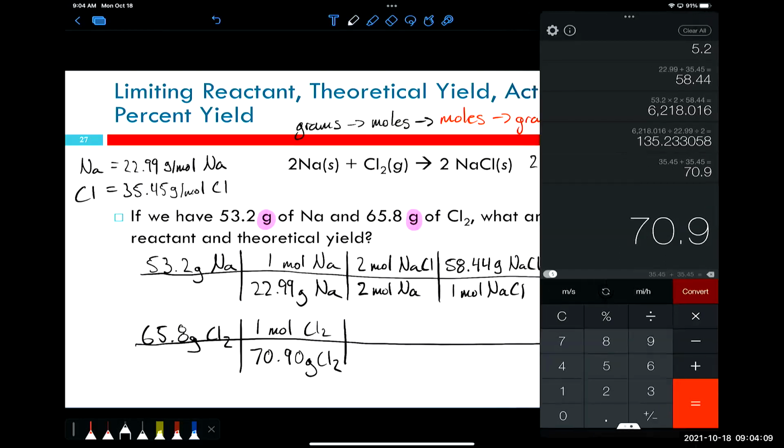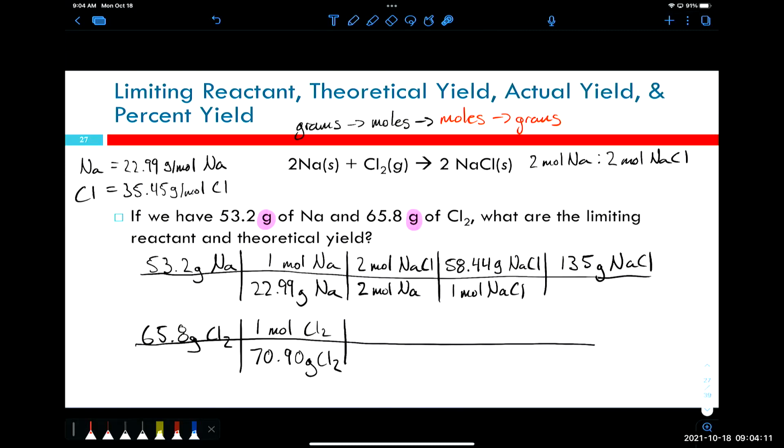So this is just the molecular mass of chlorine. 35.45 times 2. For this chlorine molecule, we have 2 chlorine atoms, so that doubles our mass.